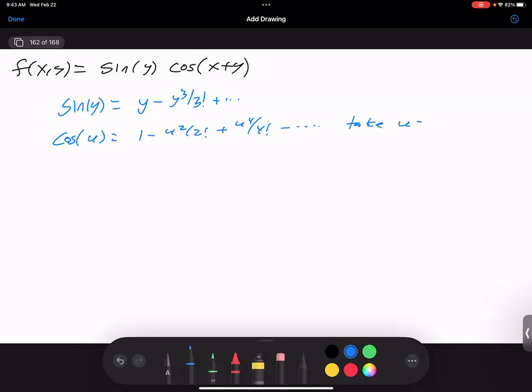Take u equals x plus y. And so you get cosine of x plus y is 1 minus (x plus y) squared over 2 factorial plus (x plus y) to the 4th over 4 factorial minus and so on.